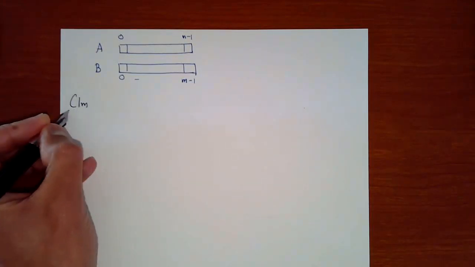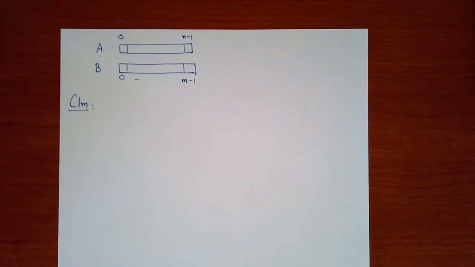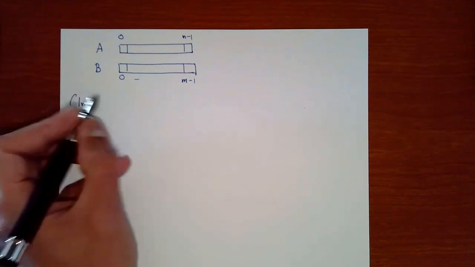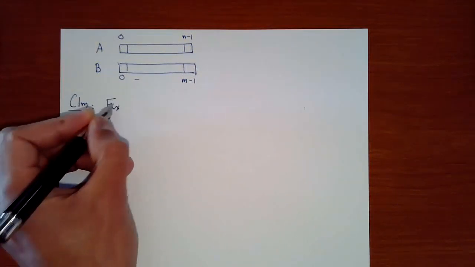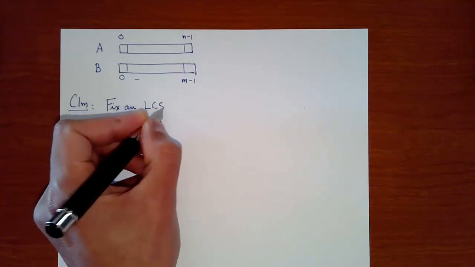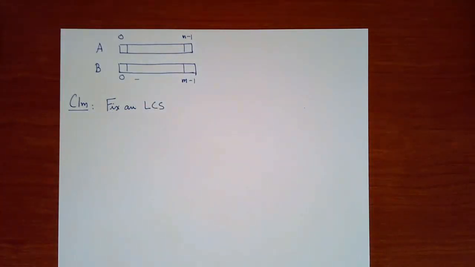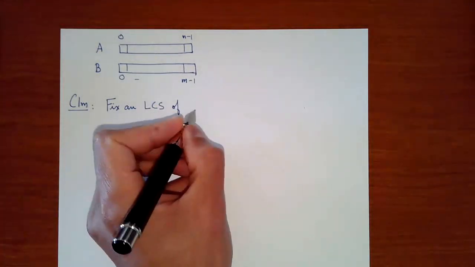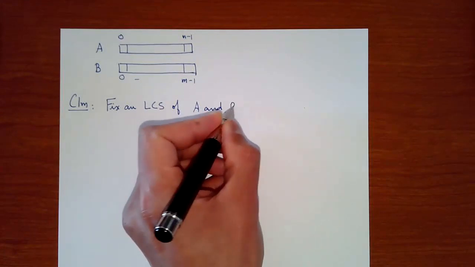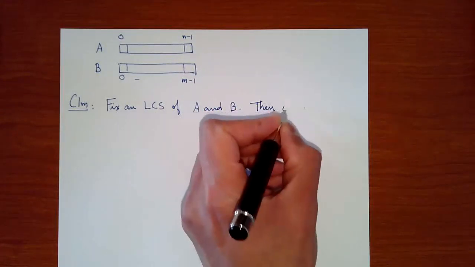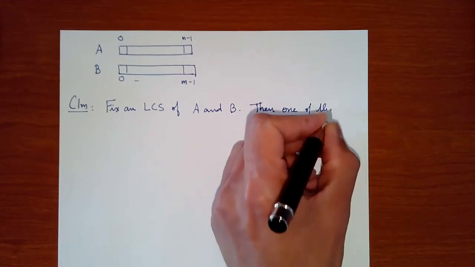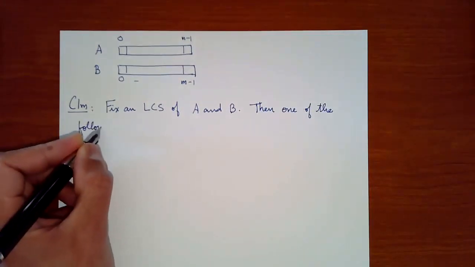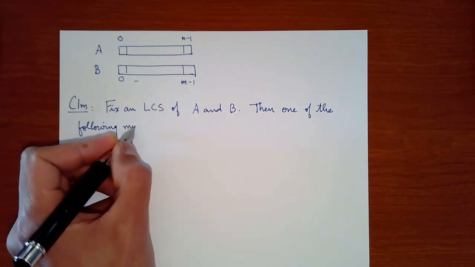So let me give a claim over here. And this is really a very simple claim. Fix an LCS of A and B. Then one of the following must hold.